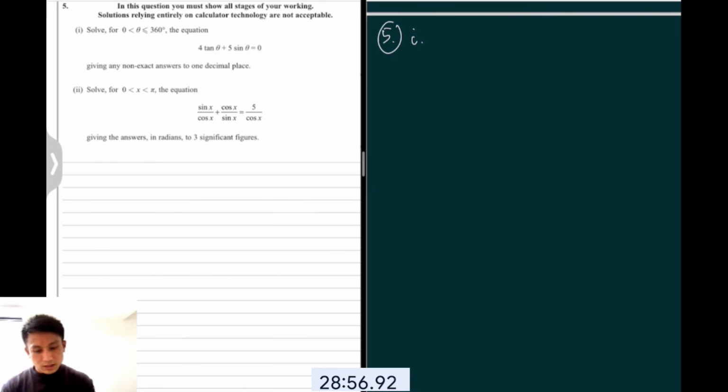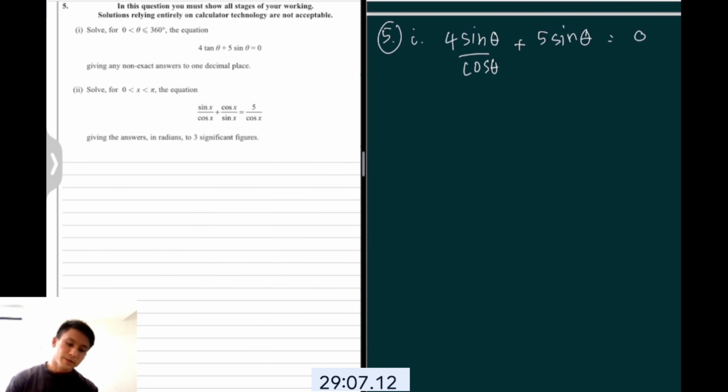So I'm just going to change tan to sine over cos, plus 5 sine theta equals 0, right? You can multiply cosine to all the terms.